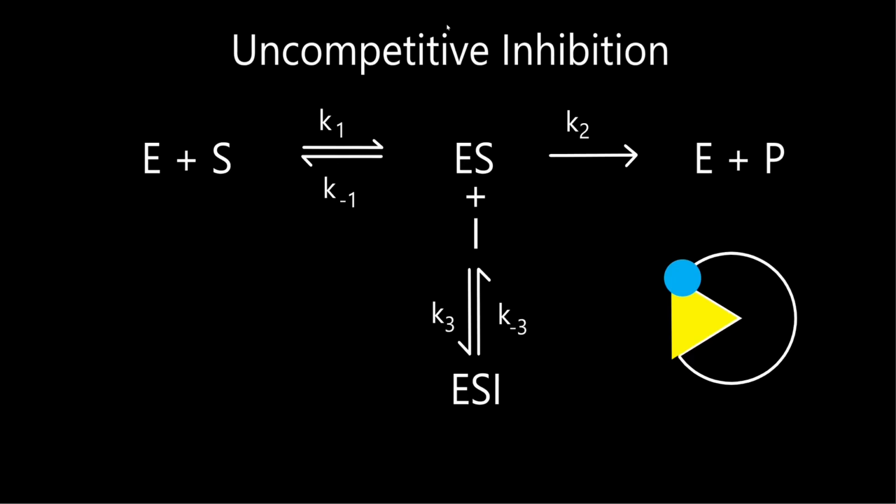Do they want to go back? Do they want to go to the ESI? Or do they want to finish the process by processing the substrate to a product? This all depends on the case, and the K stands for velocity constant, and the higher the value for K, the higher is the velocity for this entire reaction.